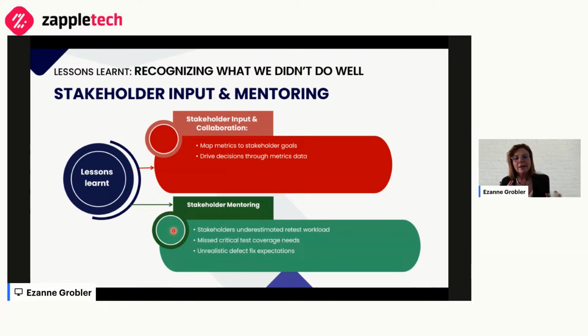On top of that, there was the necessity to actually increase test coverage as well, because we started with a lot more defects than what we originally anticipated. I think we anticipated a 30% failure rate. We ended up with almost an 80% failure rate.